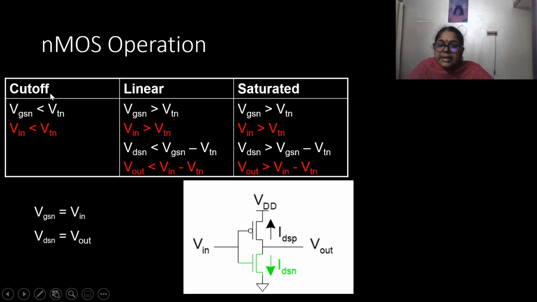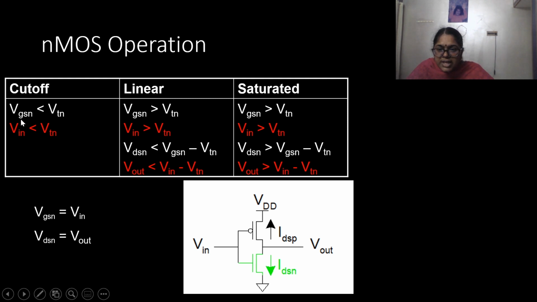So we will get: when Vin is less than VTN, the transistor is in cutoff. But when Vin is greater than VTN, the transistor is on and current starts flowing. When Vout is less than Vin minus VTN, the transistor is in the linear region, and when Vout is greater than Vin minus VTN, the transistor is in the saturation region. What did we do?